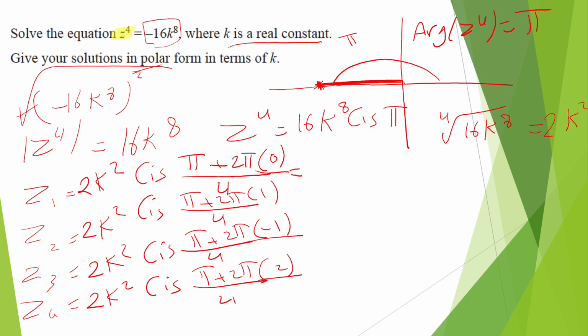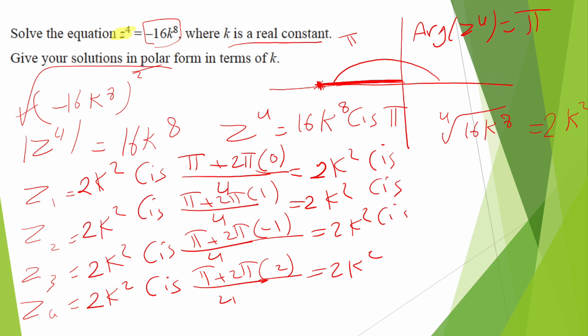Okay, and now simplifying it. That's pi times 0, so it's pi over 4 as your first solution, and this one times 1, so pi plus 2 pi is 3 pi, so it's 3 pi over 4.